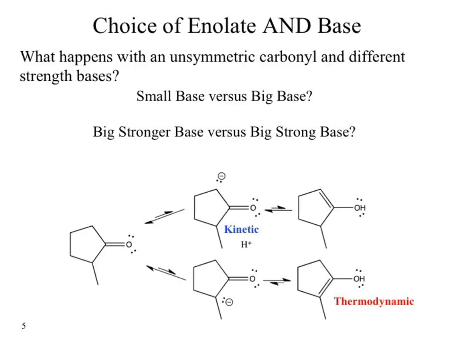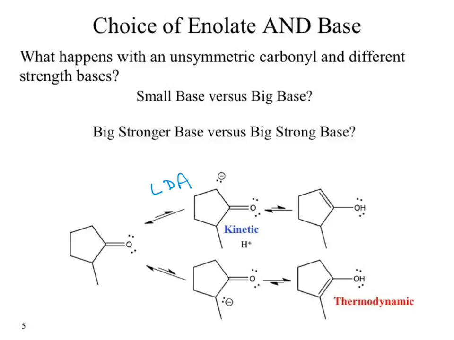So what ends up happening? If we use LDA, it ends up forming our kinetic product. It happens wickedly fast. So in all cases, what we're evaluating is our kinetic versus our thermodynamic.